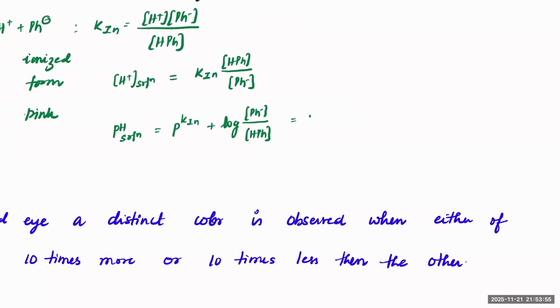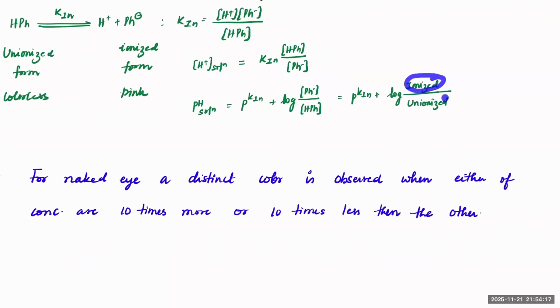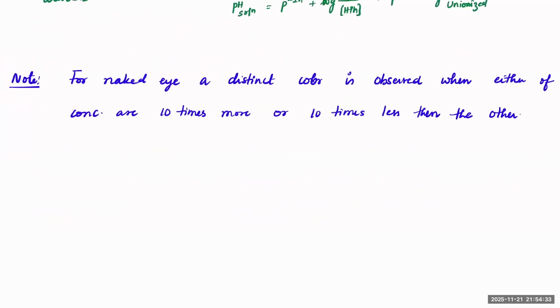Or we can simply write this as pK in plus log of ionized form divided by unionized form. So how much is the ionized amount divided by how much is the unionized amount? That decides what is the pH of the solution. So we can always relate the pH of the solution with respect to the amount of ionized and unionized form of phenolphthalein. And that will only give you the color.